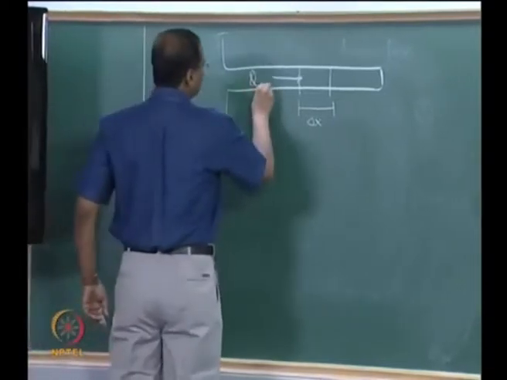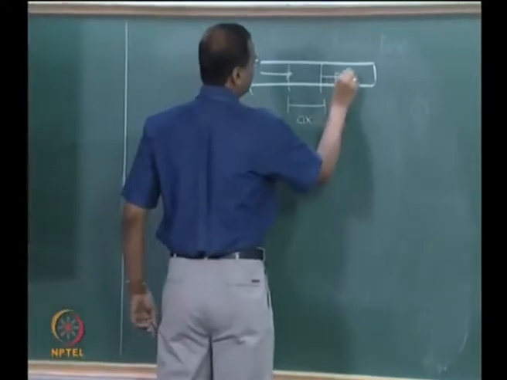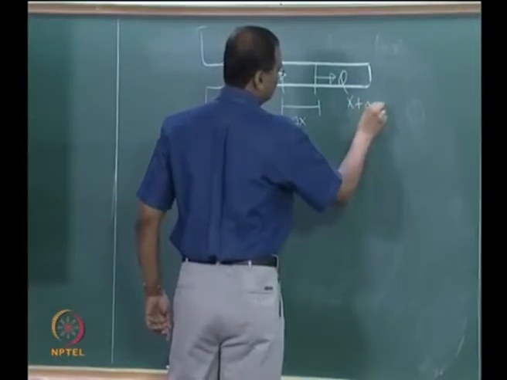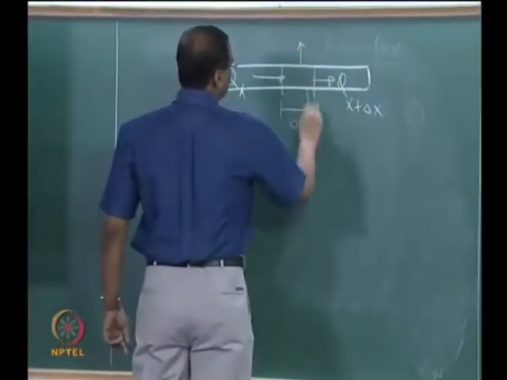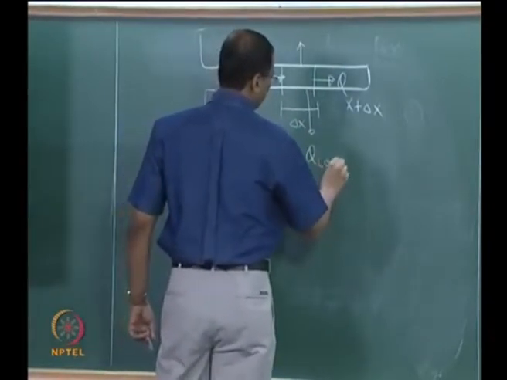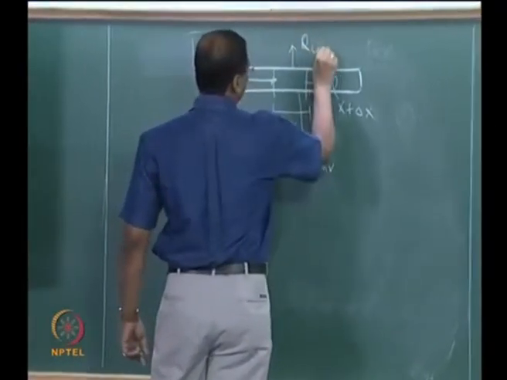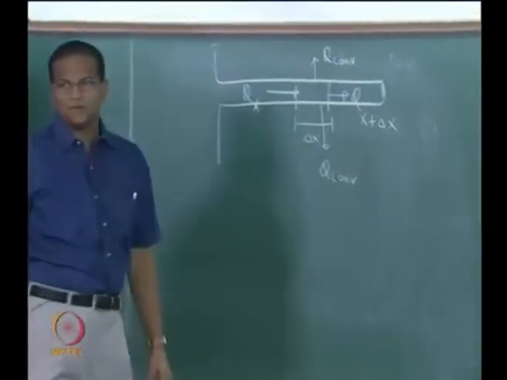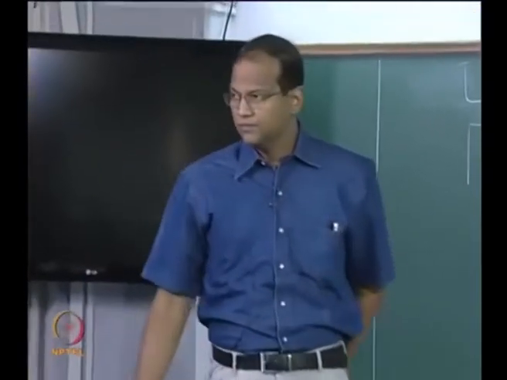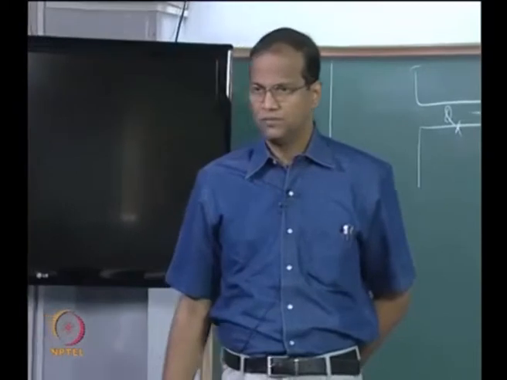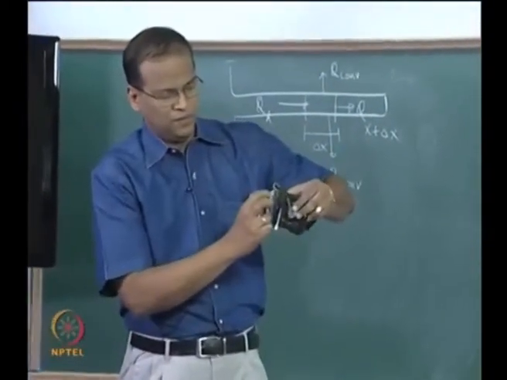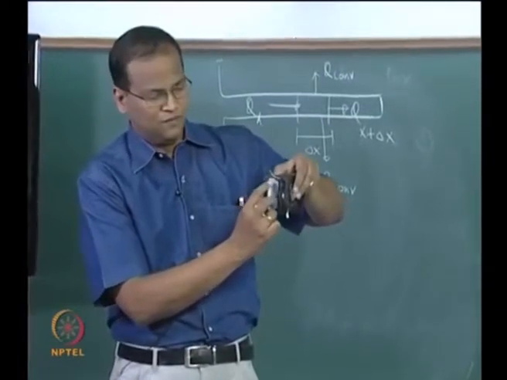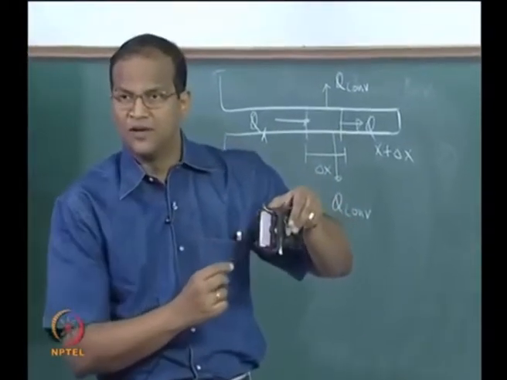So Qx is the heat which is entering here, which is Qx plus delta x. And from both sides I have Q convection. If you take any fin here, from bottom side and top, there will be heat transfer.